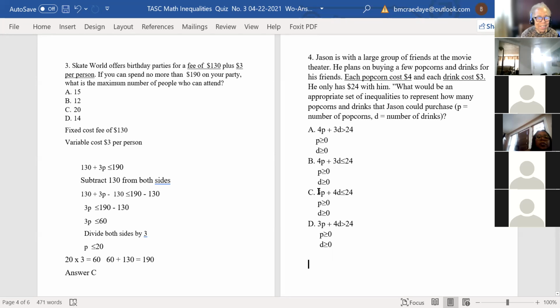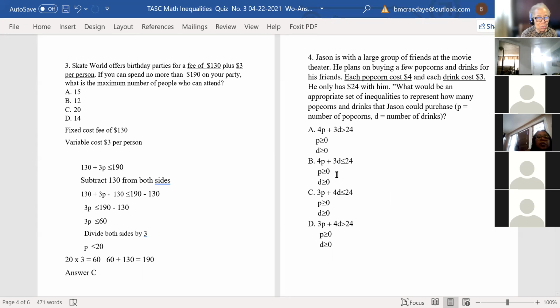That's right. See, it's $4 for the popcorn, and C and D have $3 for the popcorn. P is the popcorn, right? So like Vanessa said, you can eliminate C and D because they both have $3 for the popcorn, right? So now you're between A and B, where the popcorn is $4 and the drinks are $3.